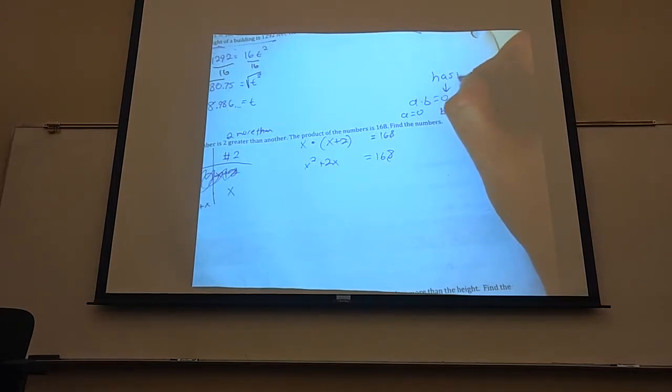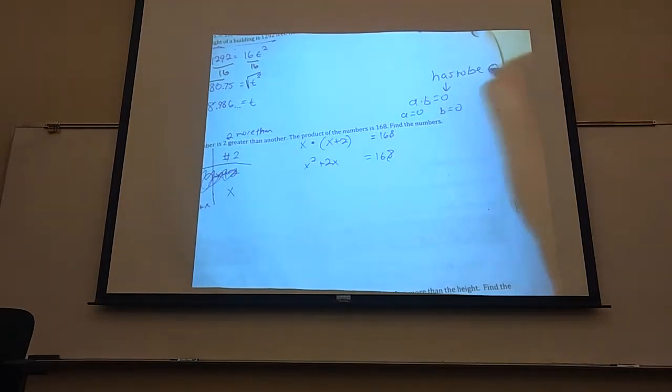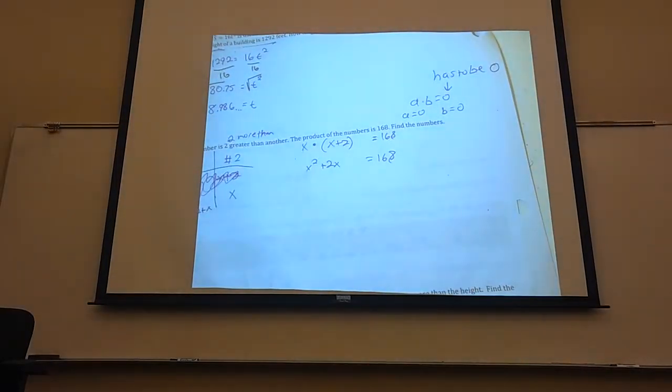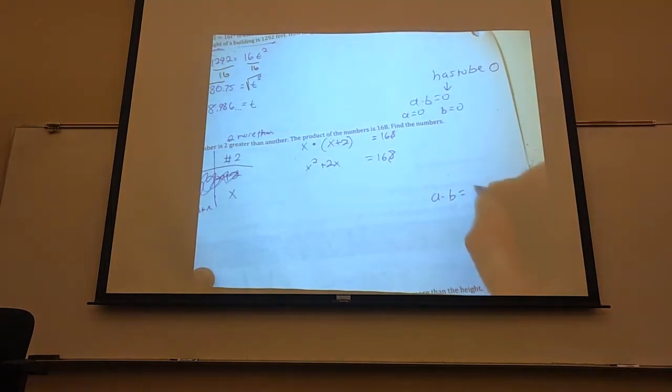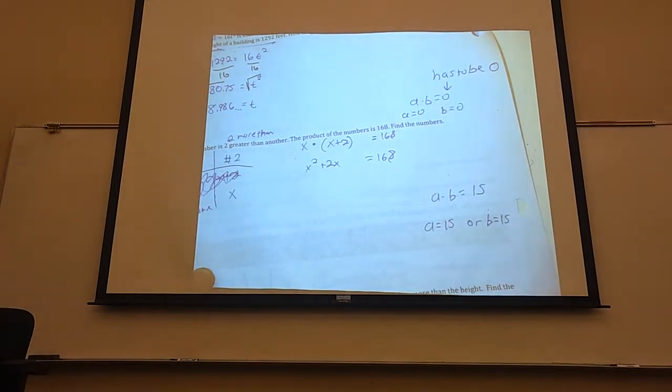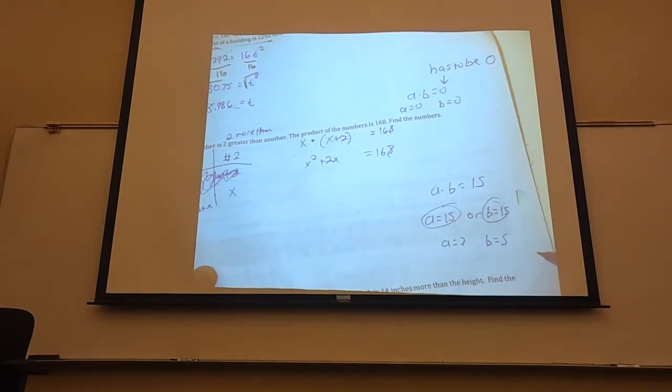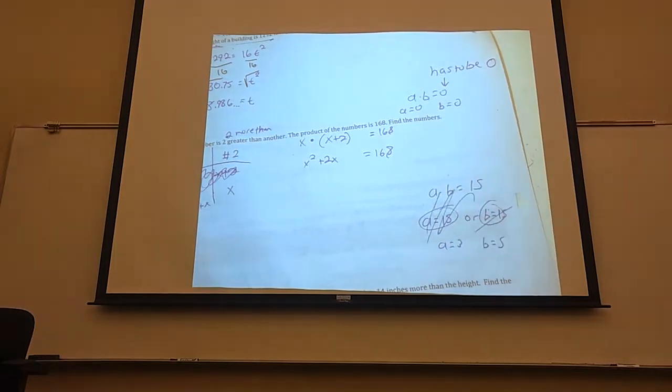So this has to be 0. It doesn't work with like 168. That's like if I said A times B is 15, A has to be 15 or B has to equal 15. Is that true? No. I could have A equals 3, B equals 5. There's nothing that says that one of them has to be 15. But anyway, we're getting off track.